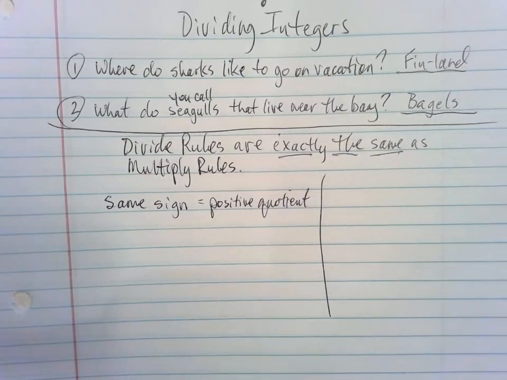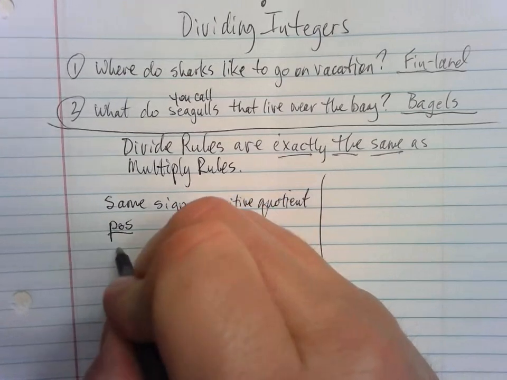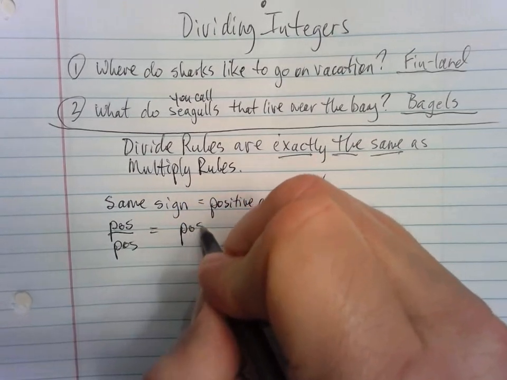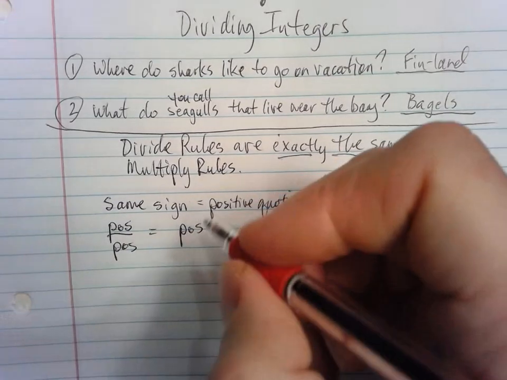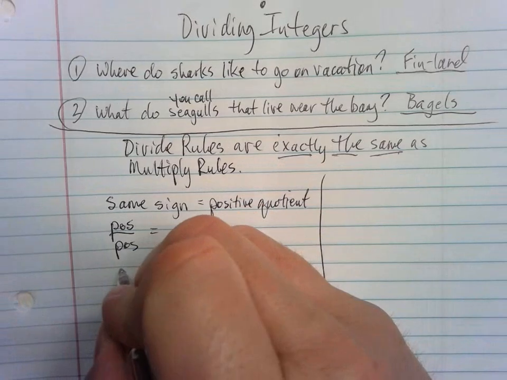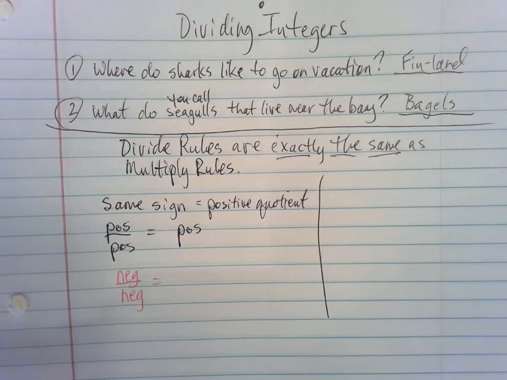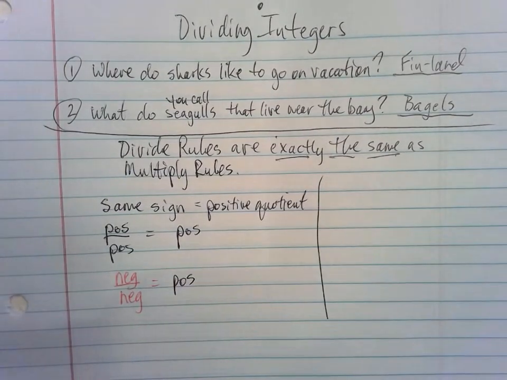That means if you do a positive divided by a positive, you will get a positive quotient. If you have a negative divided by a negative, you will get a positive quotient. So if they've got the same sign, you get a positive.